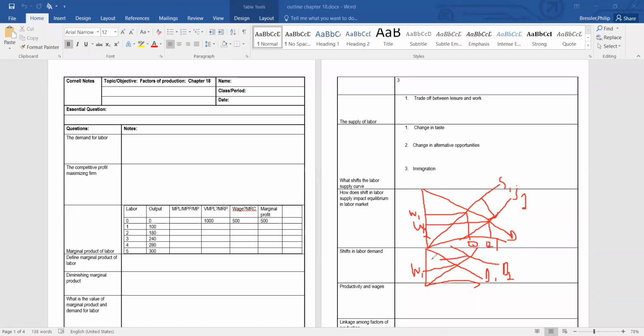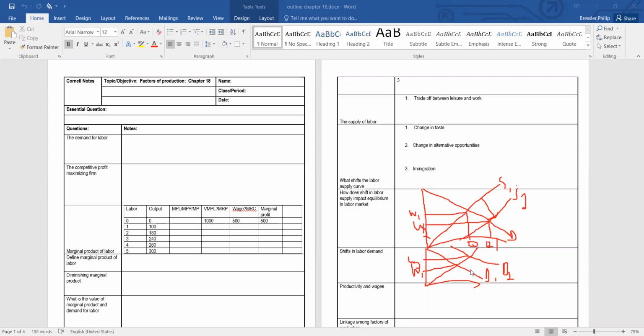And again, let's say the price of the output goes up and demand goes to D2, but temporarily we're still at W1. You're going to have a shortage of workers, right? Because you need to be at D2. So what's going to happen? You're going to have to increase wages to get more workers, and that would be there.